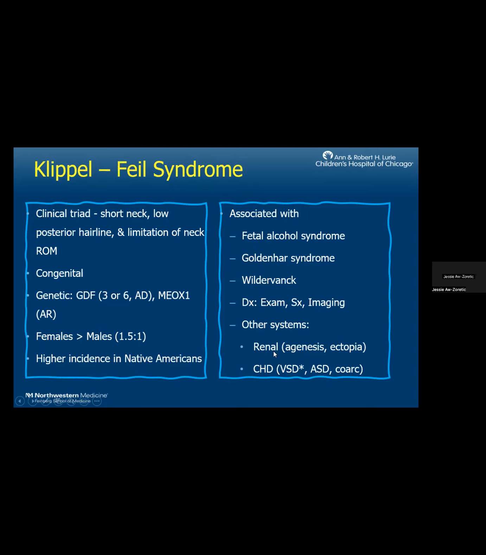So the initial insult or root cause is some sort of vascular disruption. Now, the other hypothesis is that there is a primary defect of the neural tube.